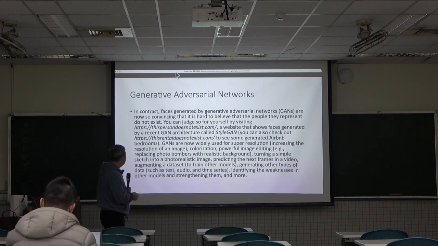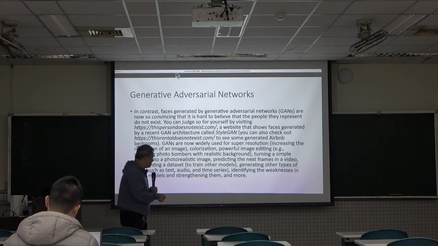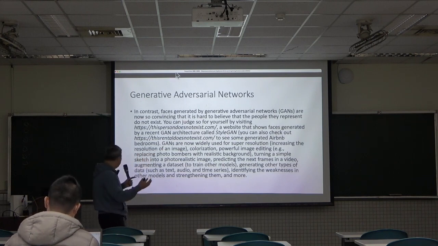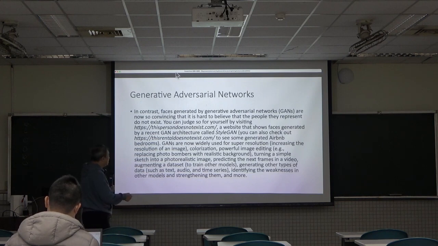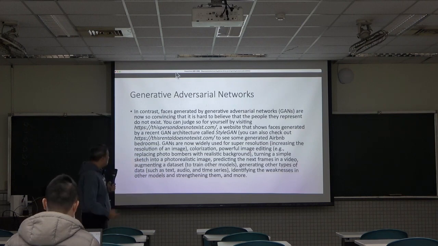A more sophisticated GAN model was used to generate thisrentaldoesnotexist.com. GANs are now widely used for super resolution, generating images with even higher resolution than the original, and colorization, where you may have a black and white photo and use a GAN to generate a realistic colored photo. They are also used for powerful image editing.